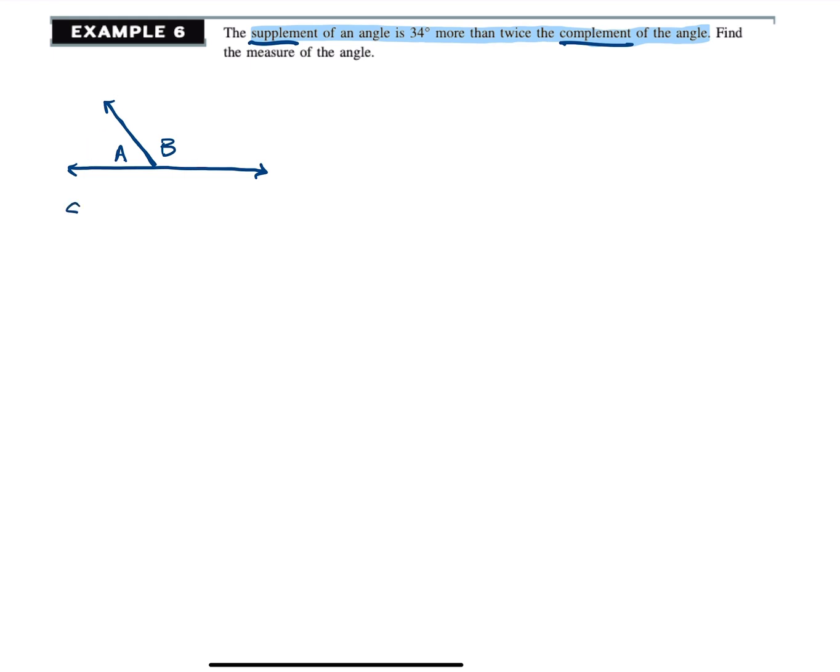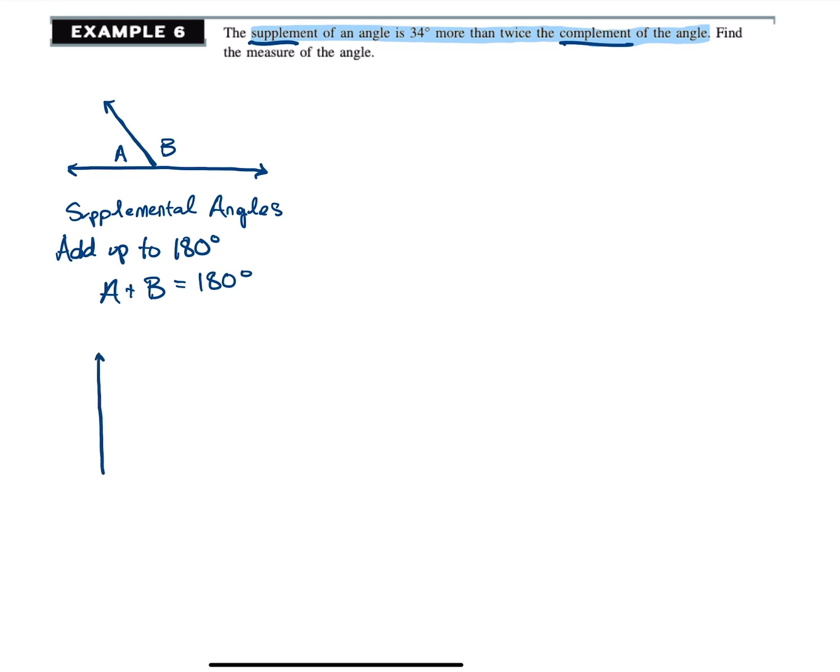You can say supplemental angles add up to 180 degrees. You can say A plus B equals 180. So that will be useful. And then complemental angles have a similar property, but let's imagine now we have a right angle.